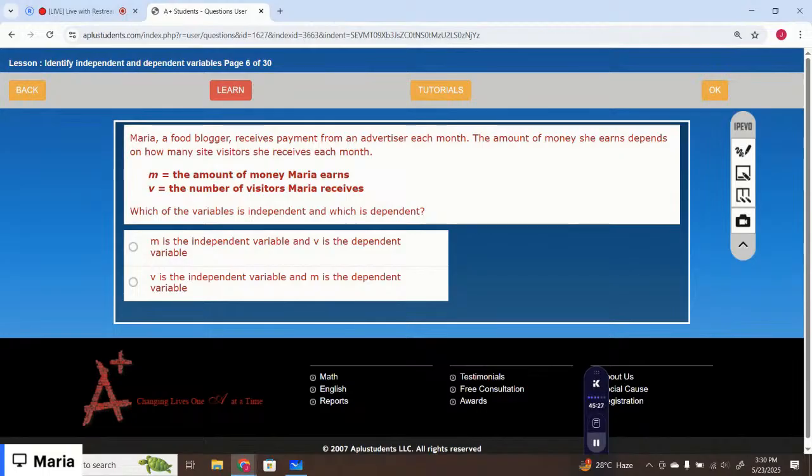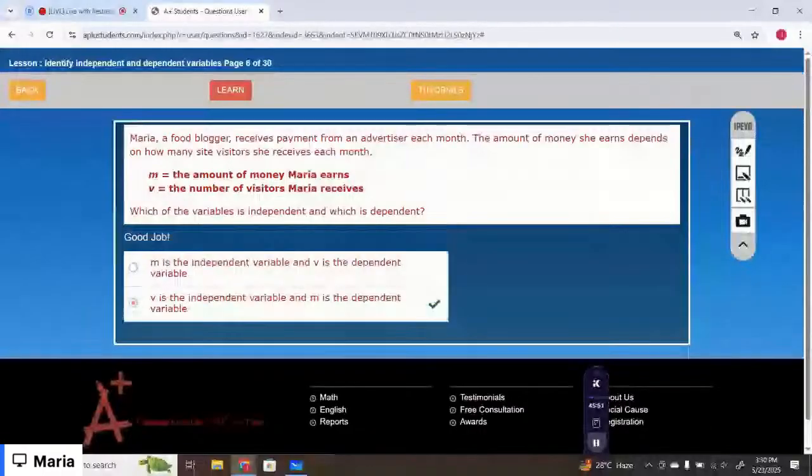The amount of money is dependent on the number of visitors. So M is the dependent variable and P is the independent variable. Option number two is the correct option.